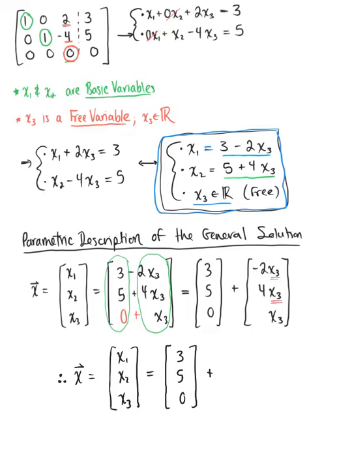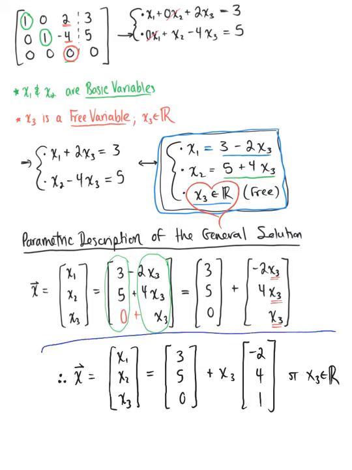X sub 3 is your scalar multiple because it is free. It's a constant. Pull it out. So this is x sub 3 multiplied by the column vector negative 2, 4, 1. And don't forget, this is such that x sub 3 is a scalar. So this is the final answer, the parametric description of your general solution.